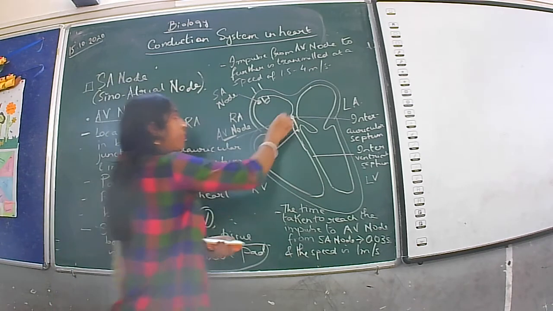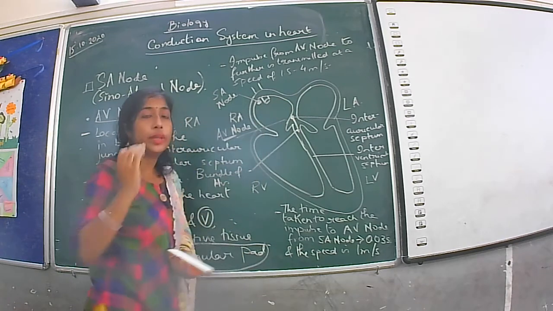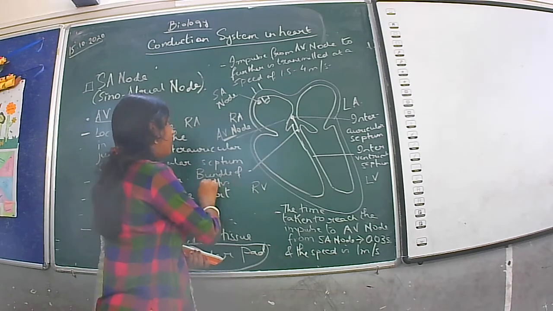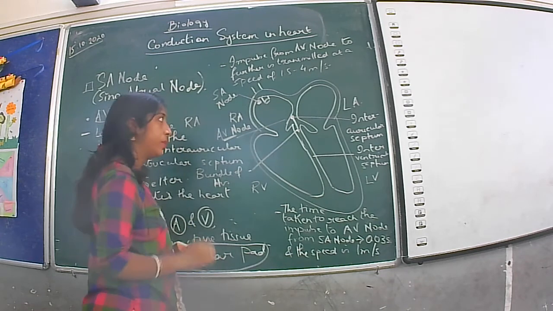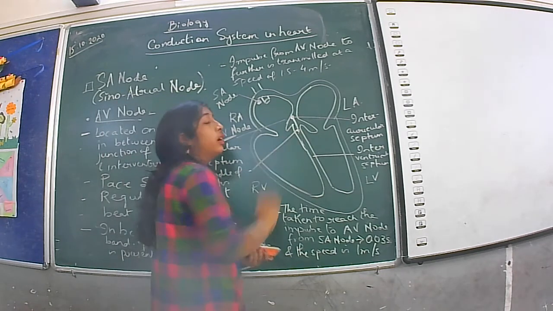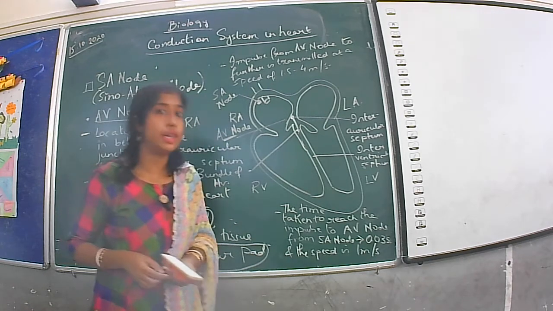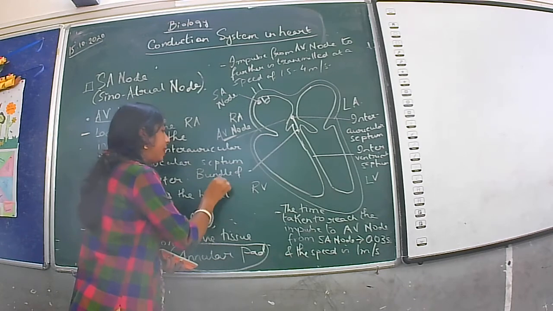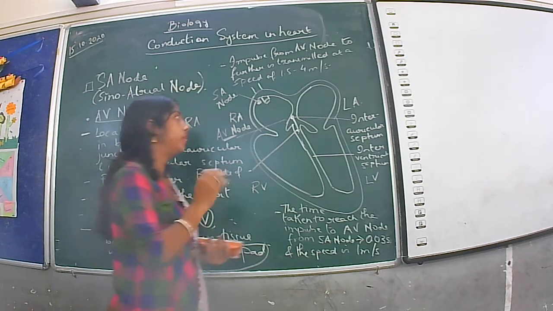So from the AV node, the impulse is transmitted to another tissue, the bundle of His, through the cardiac muscles only. The bundle of His has been named after the scientist His.